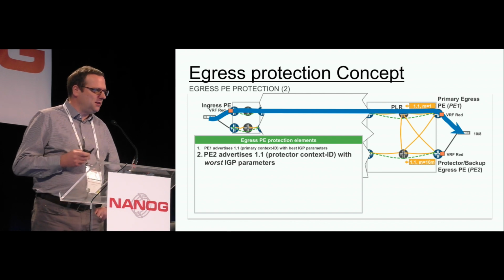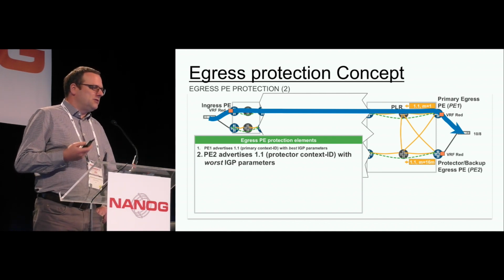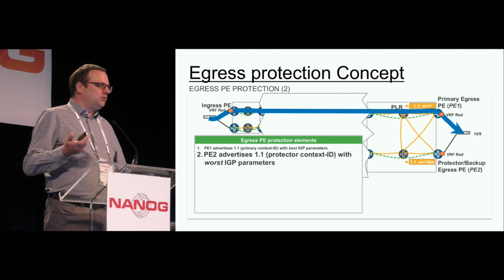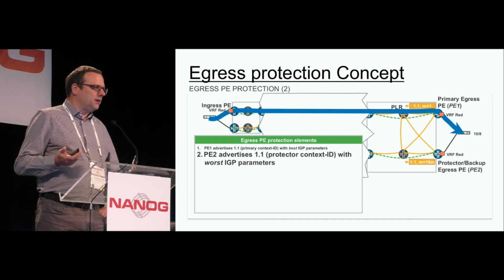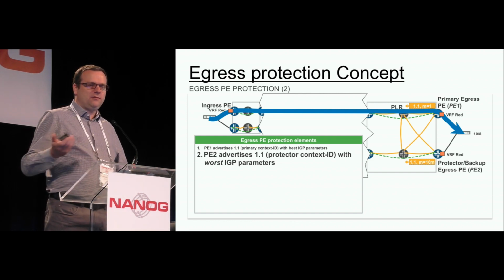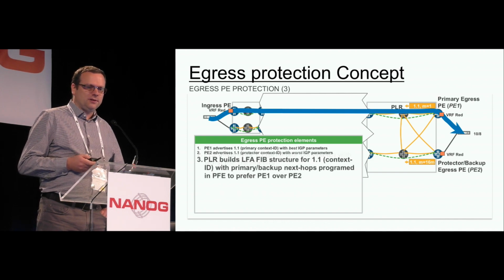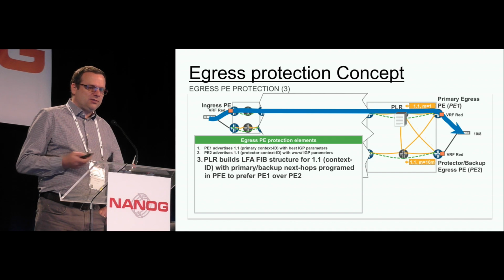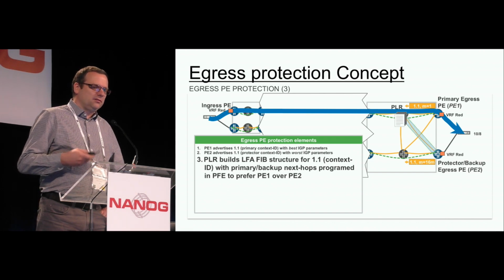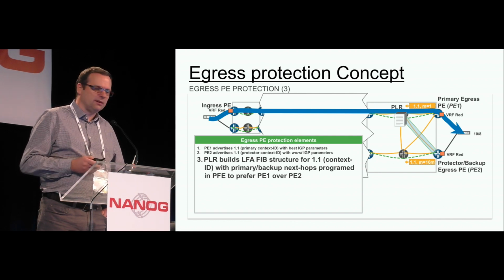So what does it mean? It means that later, inside my network, I will see this prefix being injected by two PE nodes. And if something happens in the network, I can do, for example, LFA to redirect the traffic, because the traffic will be going to 1.1. If something happens, I can redirect the traffic. So based on this information, the PLR will be able to build the LFA, for example, FIB structure, or RSVP as well, which is not covered here, but LFA, for example.